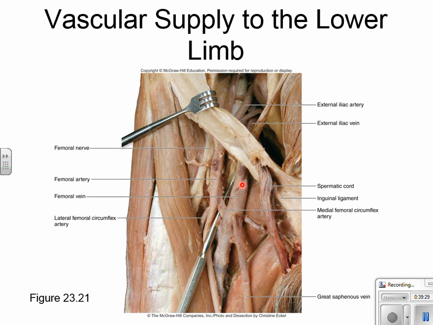They did not show the lymph node in here, but there are a lot of lymphatics that they've dissected out. We also see the spermatic cord here, so we know it's a male. If it was a female, we wouldn't see a spermatic cord. You can see how all those structures are arranged, and there's the greater saphenous vein going up to the femoral vein.